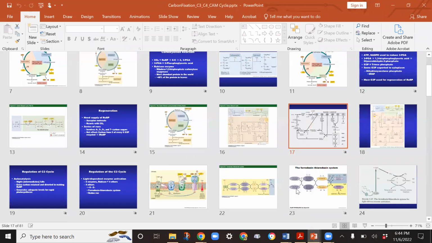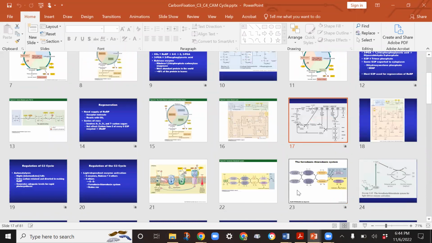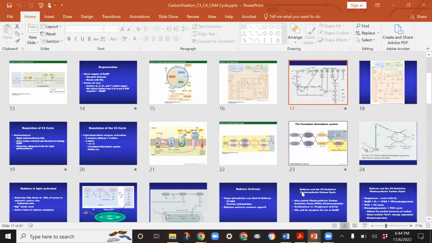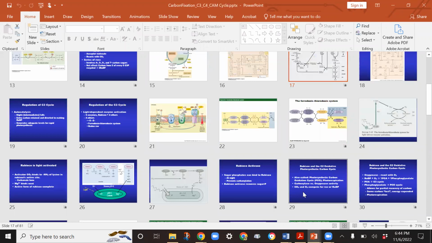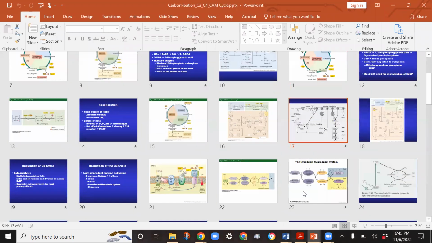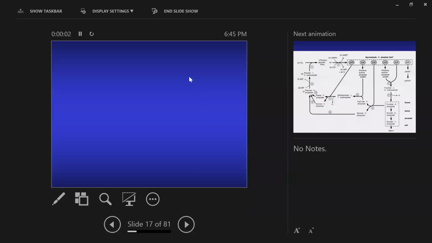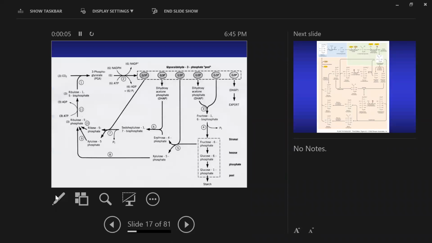So the very last step, you see ATP coming in right here to take ribulose 5-phosphate and make it RUBP. Need one more phosphate to stick on to that molecule so you can get RUBP.